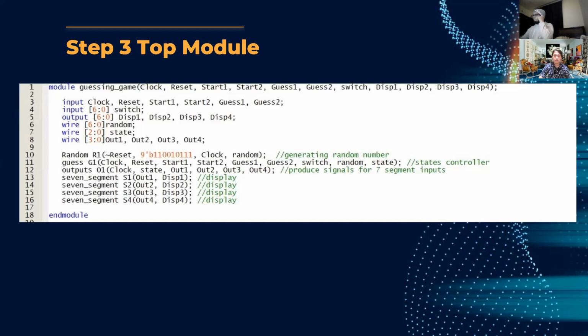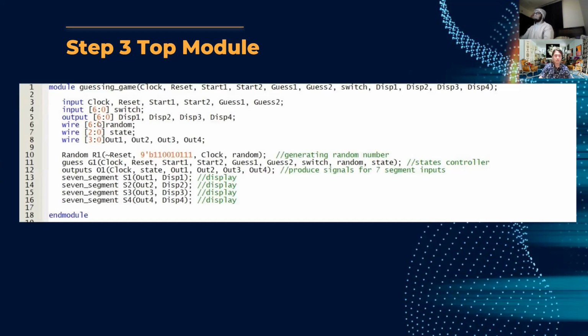We have the inputs here: the clock, the reset, the start button, the start button 2, the guess button 2, and also the switch. The switch is basically the numbers input by the players.